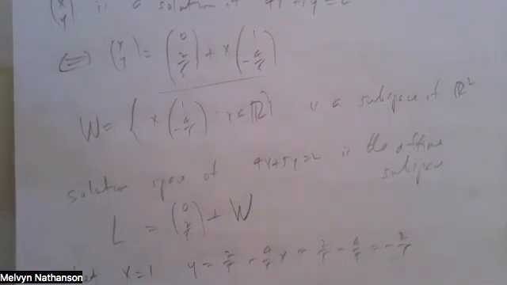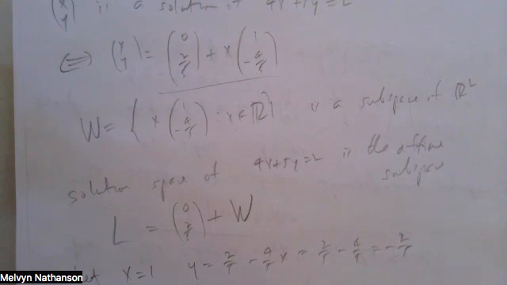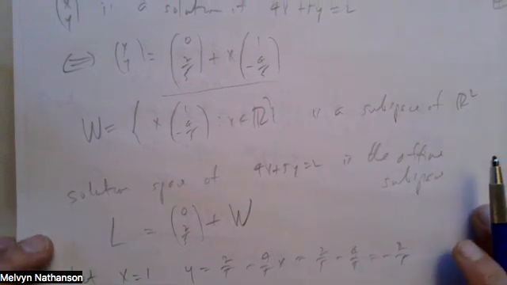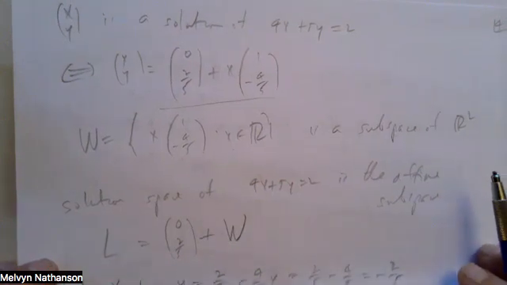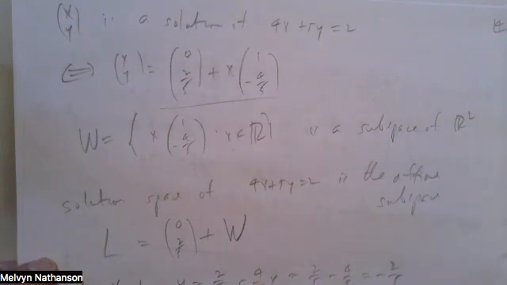Let's just check. 4 times 1 plus 5 times minus 2/5 is 4 minus 2, which is 2. So this does check. This is a solution. This is just an example of the fact that the solution space of an inhomogeneous equation is an affine subspace. Right? That's what we wanted to know.